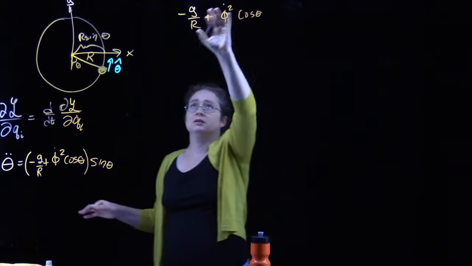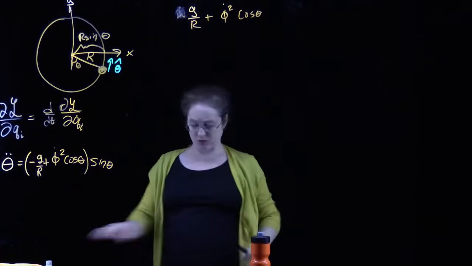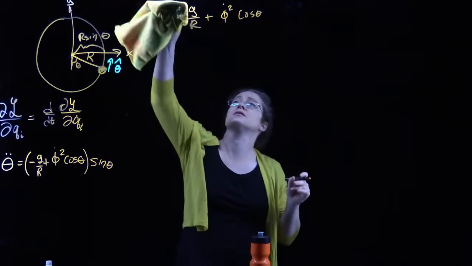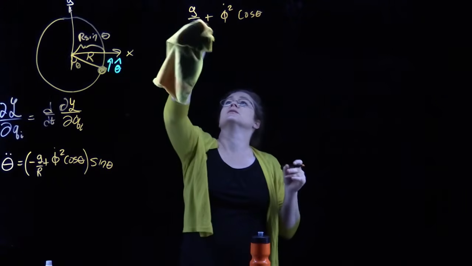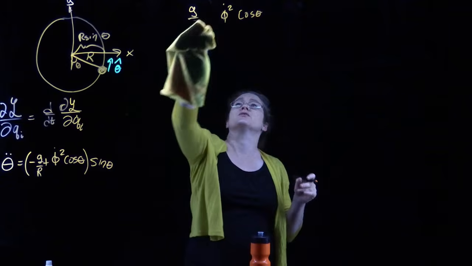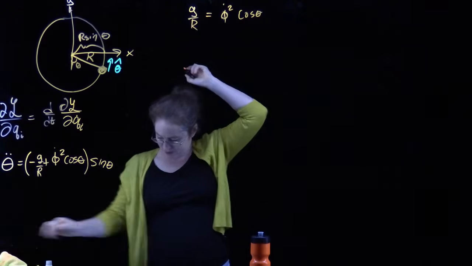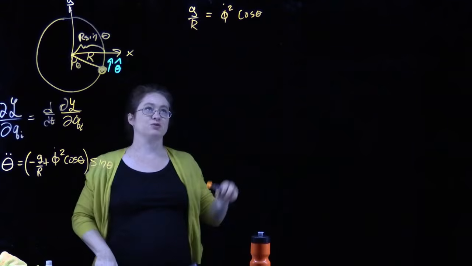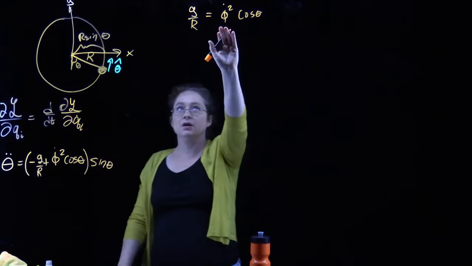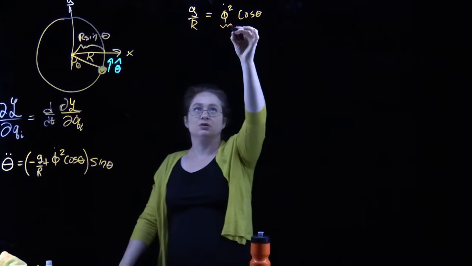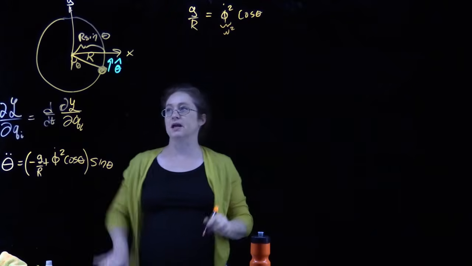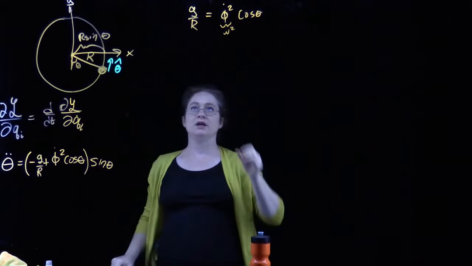So these two terms are equal in that case. Okay, so here, now this we also call omega squared. This is set by how fast this is rotating.